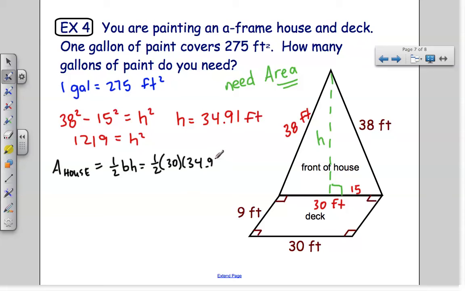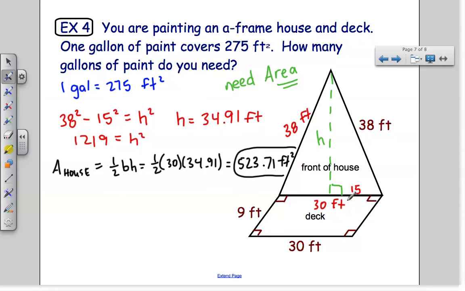I'm going to use the whole thing, the 34.91 approximately. So I'm going to do that times 30 times 1/2. And for the area of the house, I'm getting 523.71 to 2 decimal places there. And this is area, so feet squared. Kind of circling that because that's important.